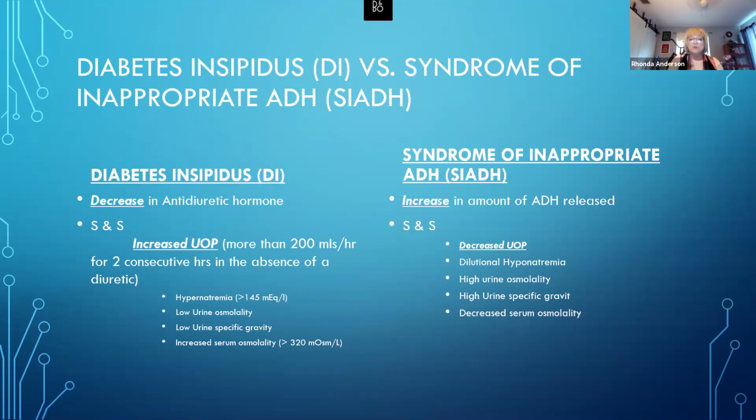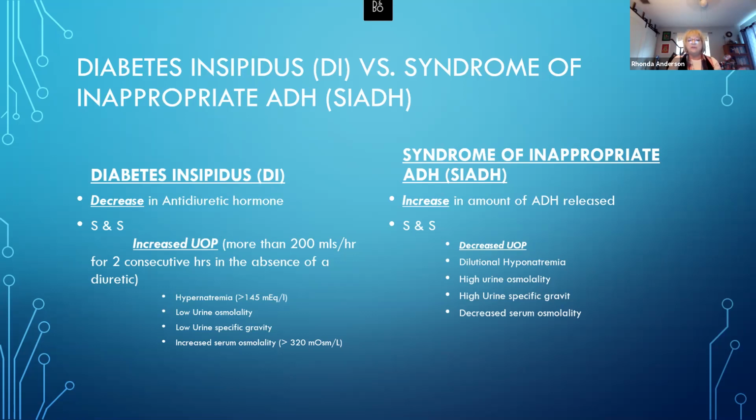These patients will have a very high urine output. They can put out more than 200 milliliters an hour for 2 consecutive hours in the absence of a diuretic. Because remember, on these ICP patients, and we'll talk about how we manage some of this when we talk about brain injured patients, we keep them on the dry side.